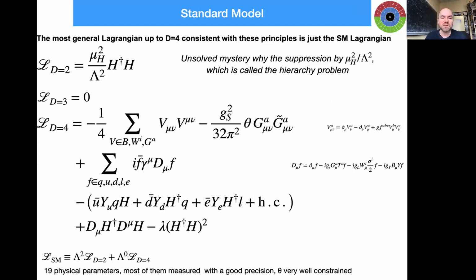So let's start with dimension. What happens here if we start with this expansion? At dimension 2, unlike in the photon case, we do have a possible term, because the Higgs is a bosonic field. It has dimension 1, so if you take two Higgs fields, H dagger H has dimension 2.